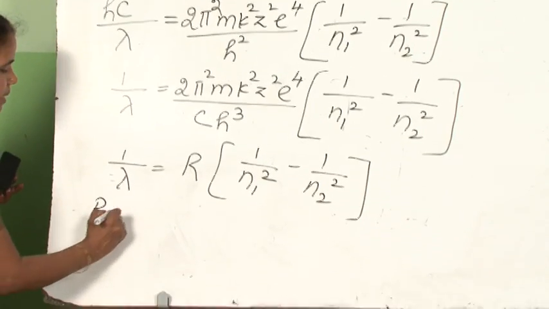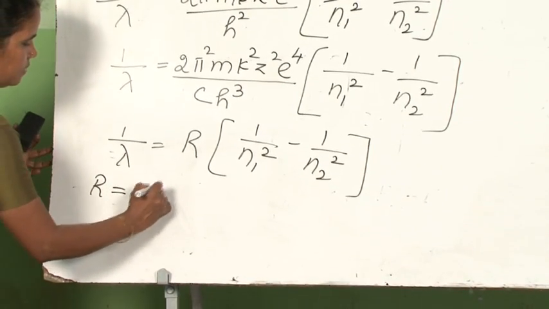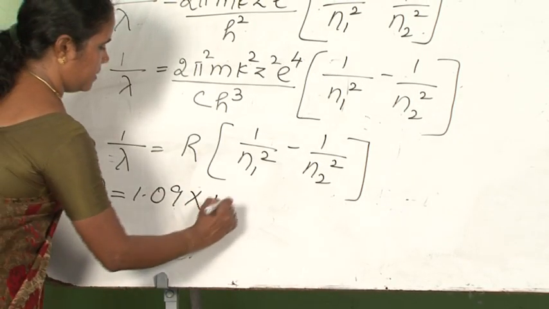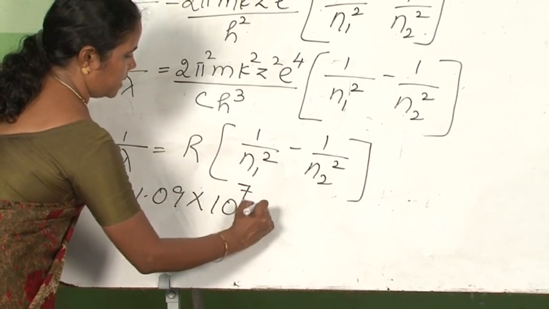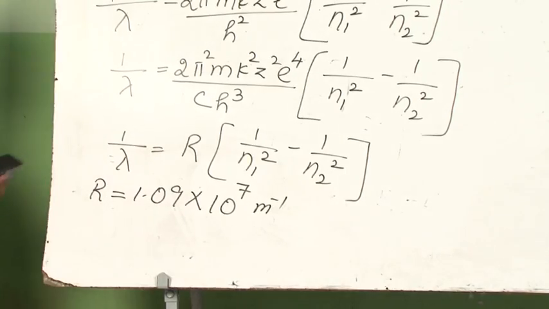This Rydberg constant R is 1.09 into 10 raised to 7 per meter.